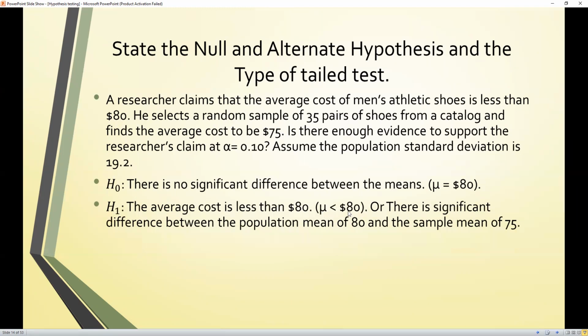So therefore, mu is less than 80. Or we can say that there is a significant difference between the population mean of $80 and the sample mean of 75. So again, this is a one-tailed test, specifically a left-tailed test because of the less than here.